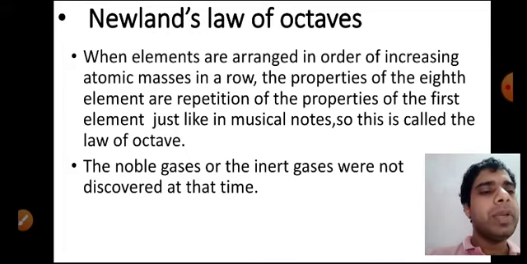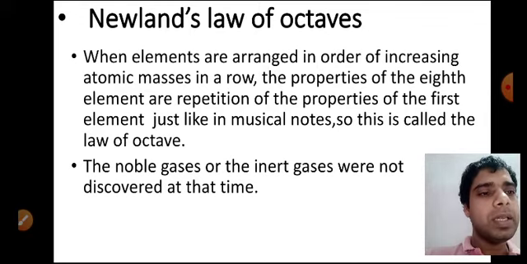He said that when elements are arranged in order of increasing atomic mass, that is the basis of the classification. What was the basis of that law?